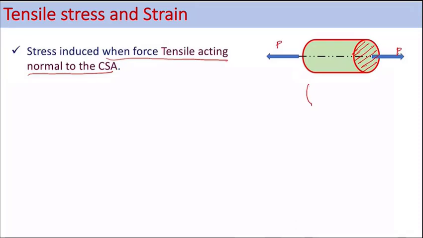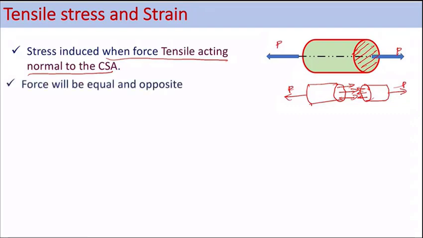Due to this tensile force, an internal resistive force will be created here. When the load is increased beyond this, the rod will extend and elongate, so strain will be created. The force will be an equal and opposite force. These two forces P are equal.